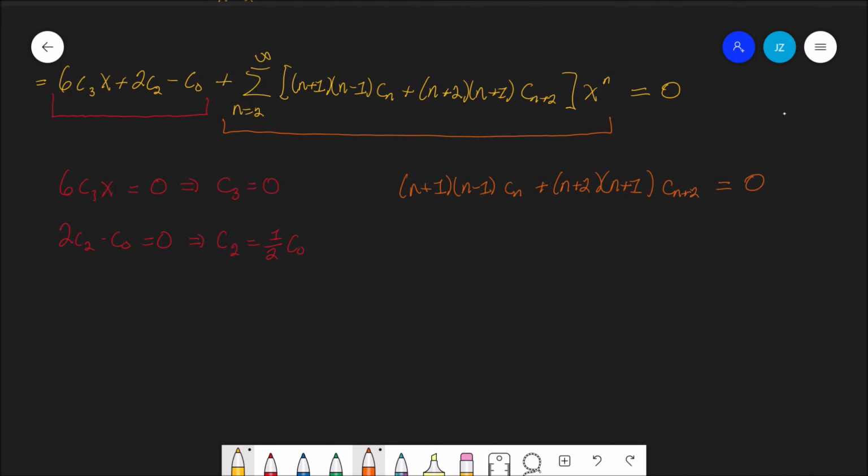This means that c sub n plus 2 is equal to negative n minus 1 over n plus 2 c sub n. We can also distribute that negative through and write this as 1 minus n over n plus 2 c sub n. Now this is called a recurrence relation.